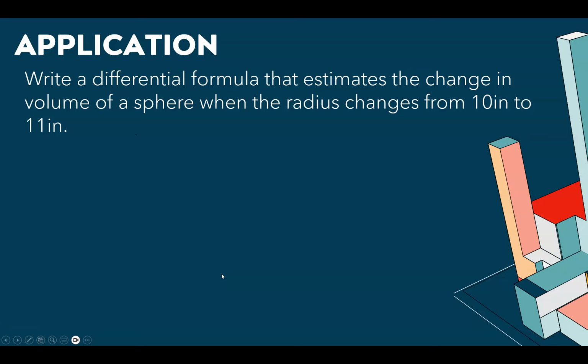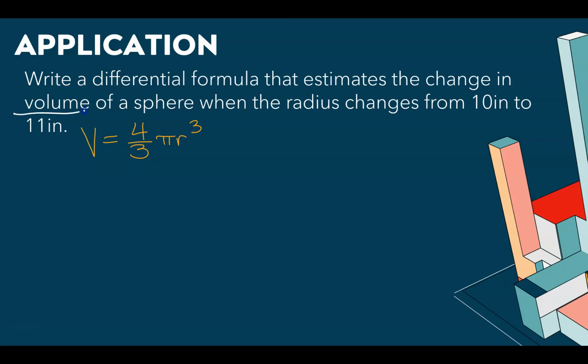All right, let's do one application, then we'll call it a day. We're going to write a differential formula that estimates change in volume of a sphere when the radius changes from 10 inches to 11 inches. So this almost feels like related rates. The volume of a sphere is 4/3 pi r cubed.